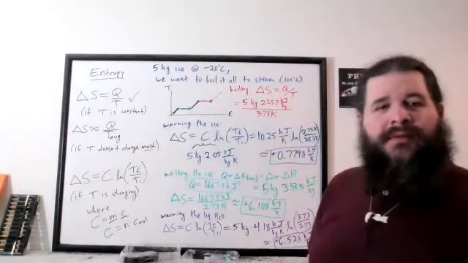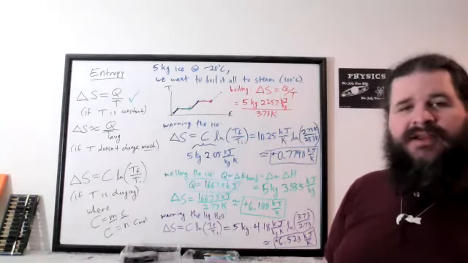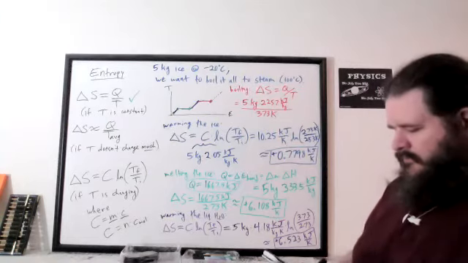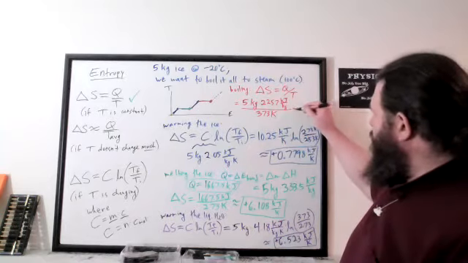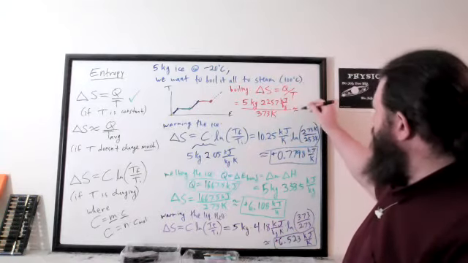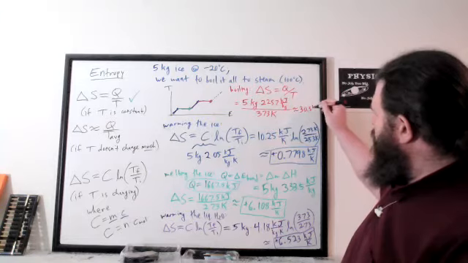So that should tell us how much change in entropy is involved with the boiling process. So that's about 30.3 kilojoules per Kelvin.